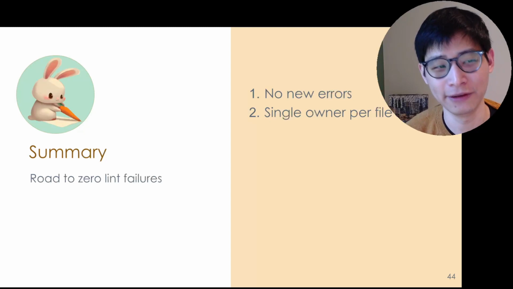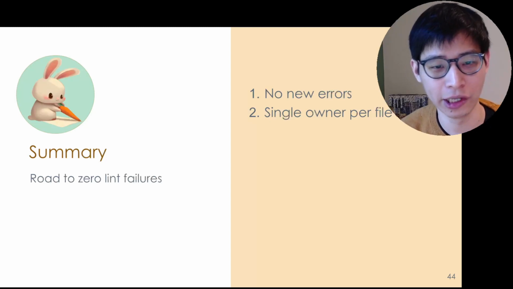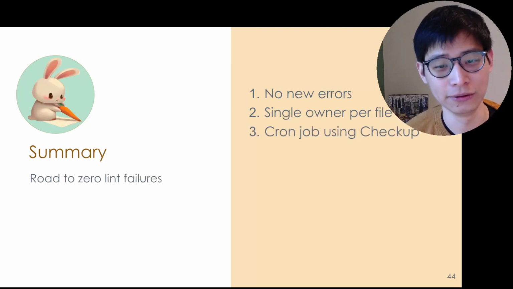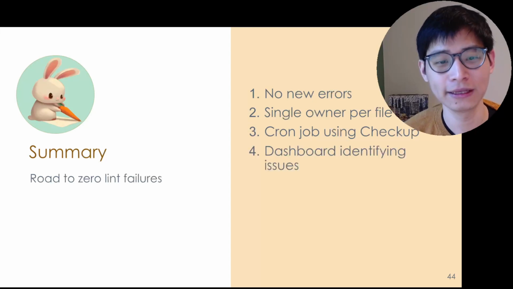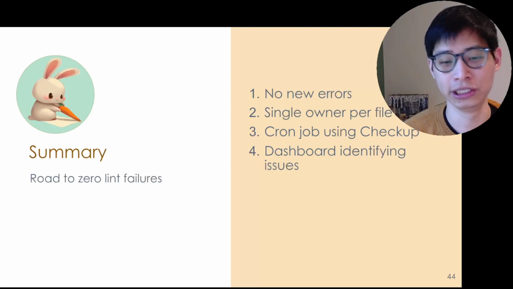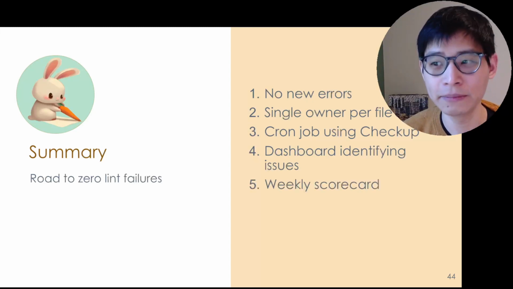Because if we're not willing to fix it, the team might not be willing to fix it either. We use a cron job every night to run checkup and get the report. We have a very easy dashboard identifying the issues, so engineers don't need to run any command line tools to find the issues for their team.